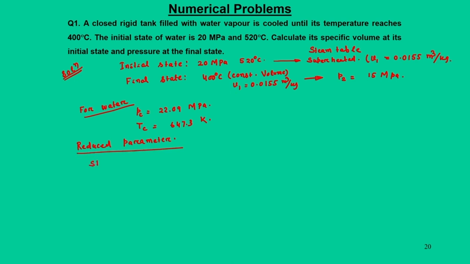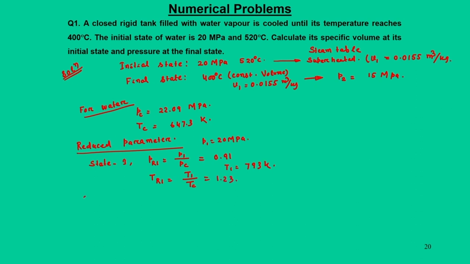For state 1, PR1 is equal to P1 by Pc, and P1 is 20 megapascal, so P1 by Pc becomes 0.91. TR1 is T1 by Tc, where T1 is 520 degrees centigrade, that is 793 Kelvin, so TR1 is 1.23.